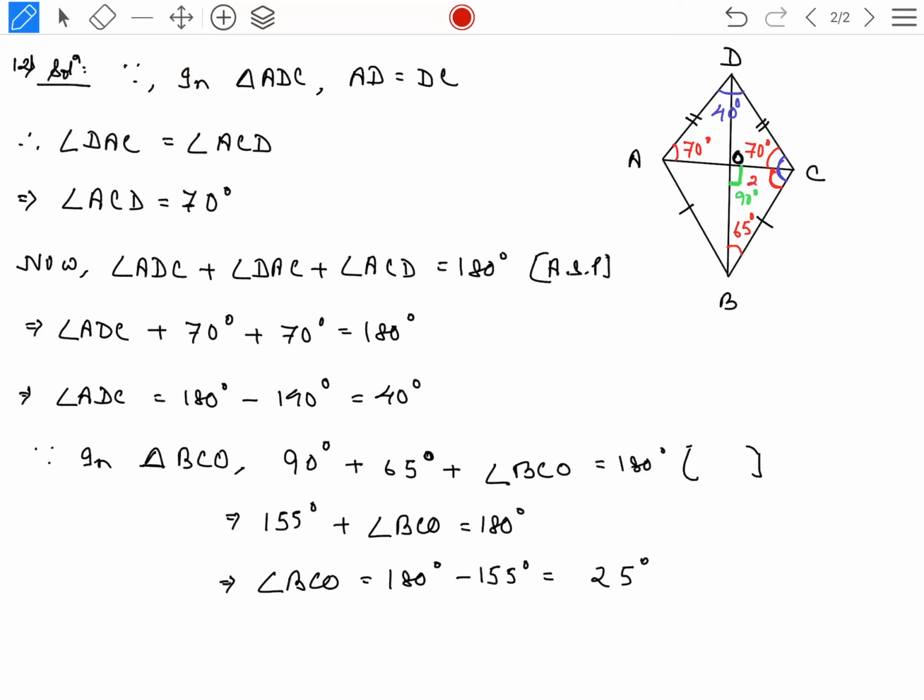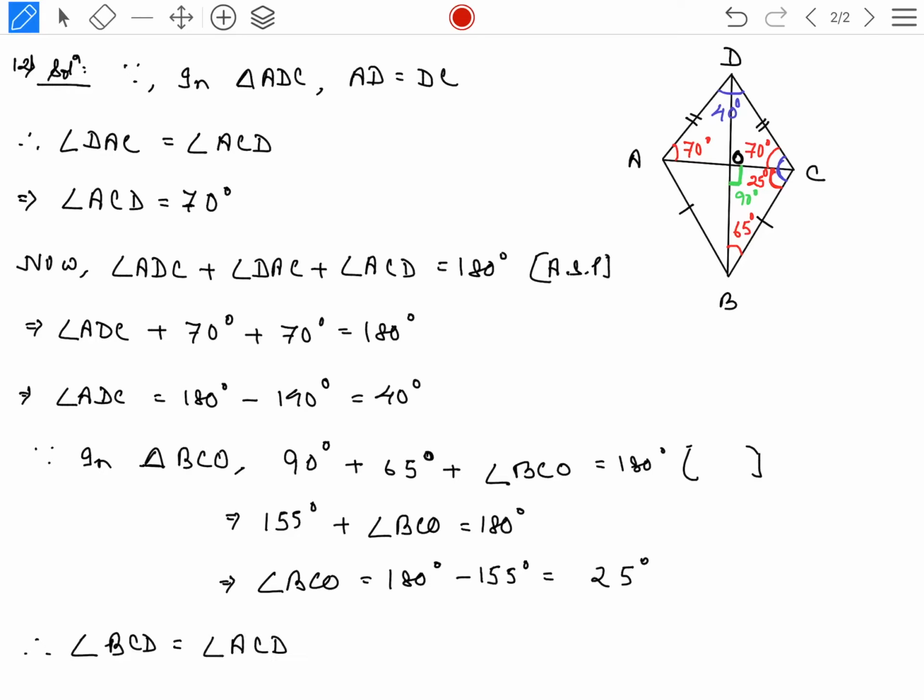Okay, so what we have found? This angle is how much? 25 degree. Okay, so we need to find angle DCB. DCB or BCD, same angle. Therefore angle BCD is equal to which two angles? One angle is angle DCA, or you can write ACD.